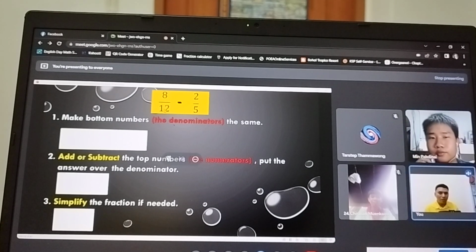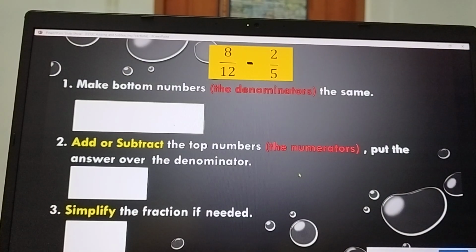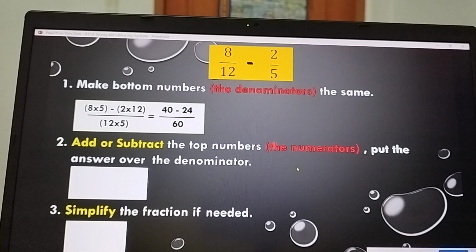Okay, 2 times 12 is 24. 12 times 5 is 60. So, let's check. You have 8 times 5, 40, minus 2 times 12, 24, over 12 times 5, 60.